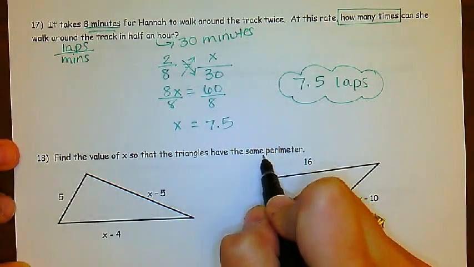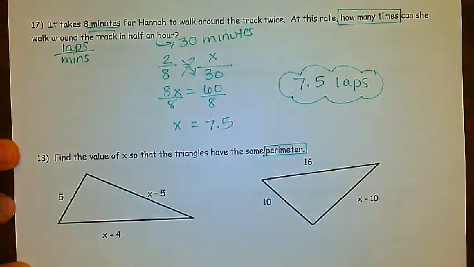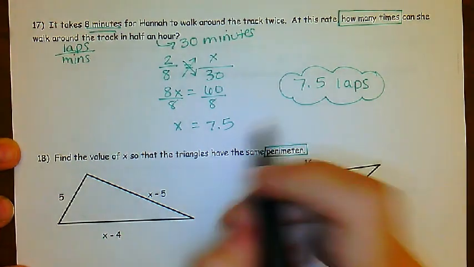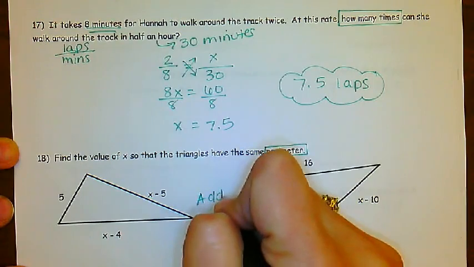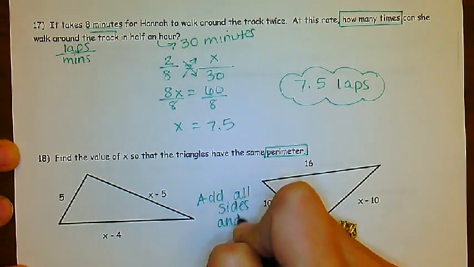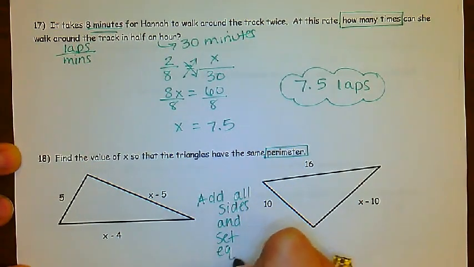Okay. Next question, we have to find the value of x so that both of these have the same perimeter. Okay, so add all sides and set equal.